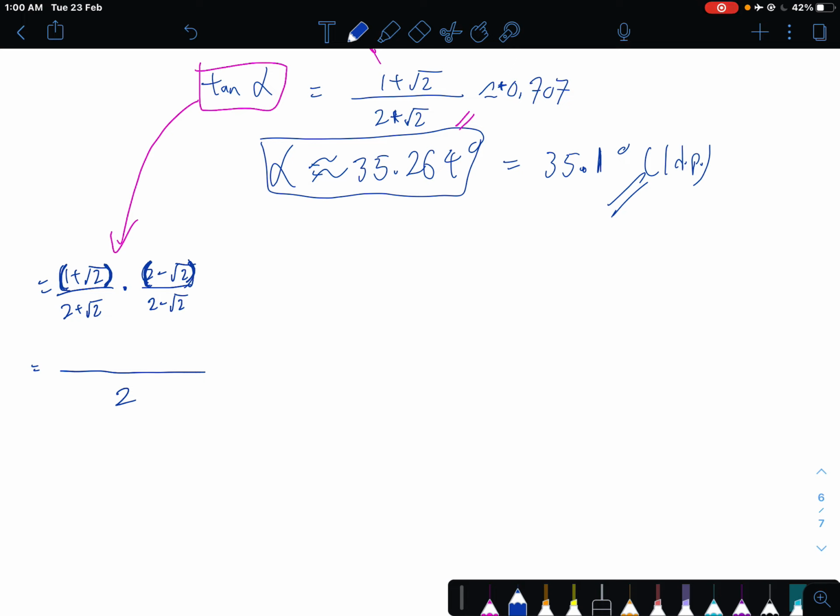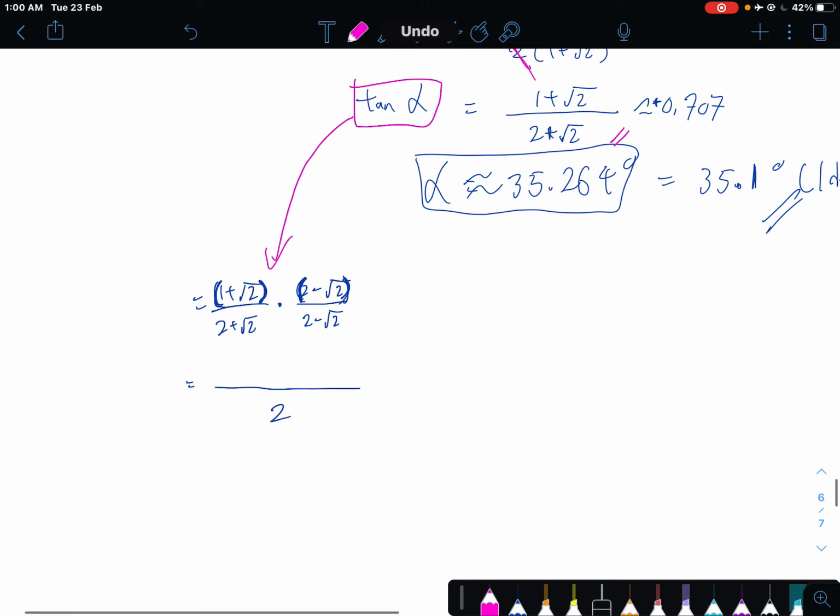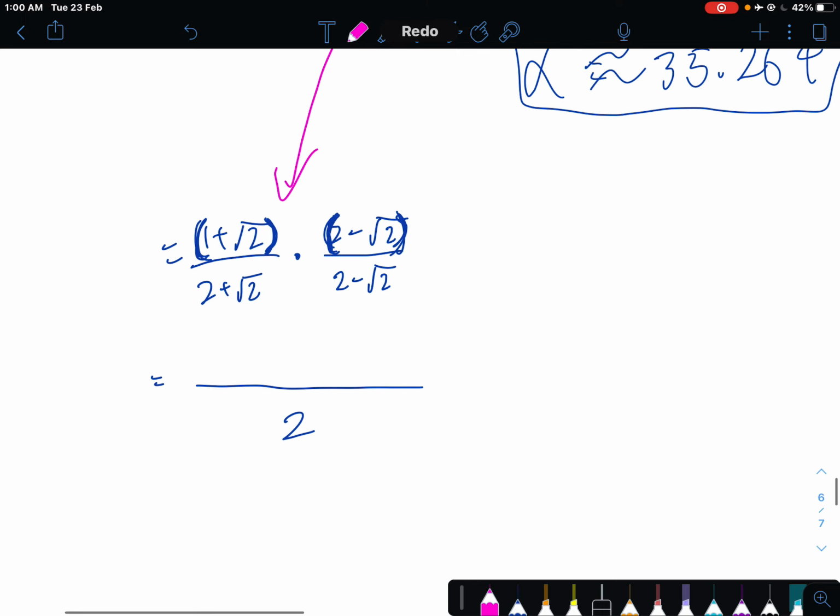So for this one, you just need to know that there's a binomial, 1 plus square root 2, multiplied by a 2 minus square root 2. Then very simple, just rainbow method, distribute, and multiply out. So what was I saying? Yes, you should multiply out now.